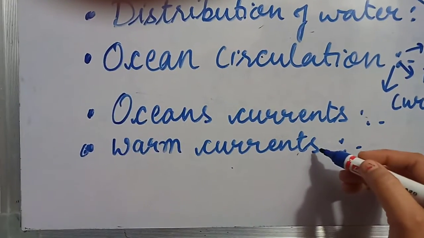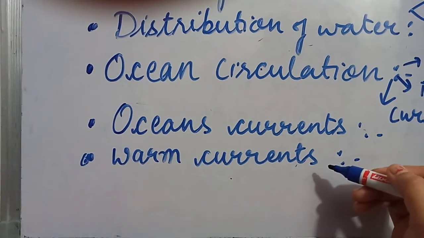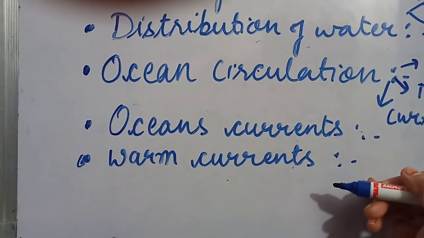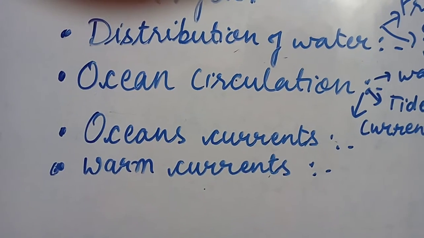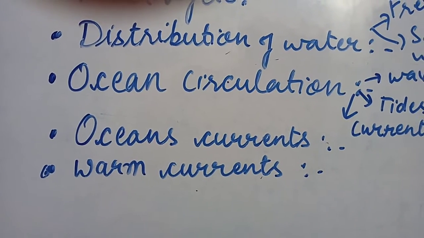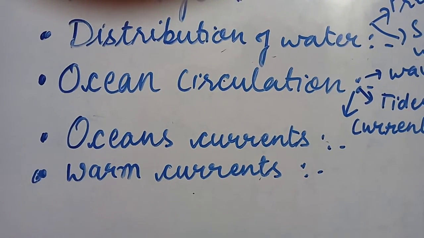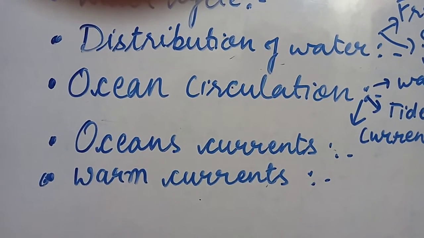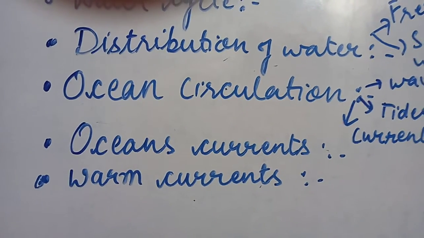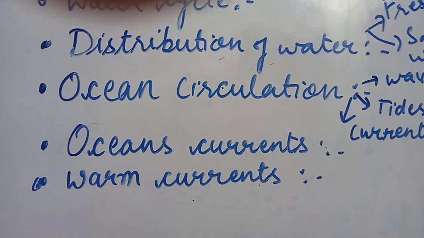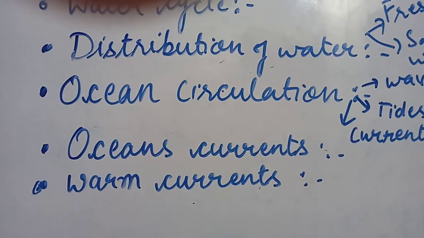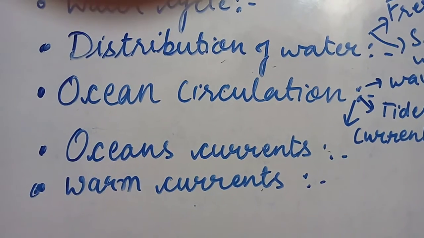The ocean currents which move from the equatorial regions toward the poles are called warm currents, for example the Gulf Stream. Since the equatorial region gets direct heat from the sun, the ocean there gets heated more than the cold polar region. This unequal heating generates convectional currents and warm equatorial water starts flowing towards the polar region.